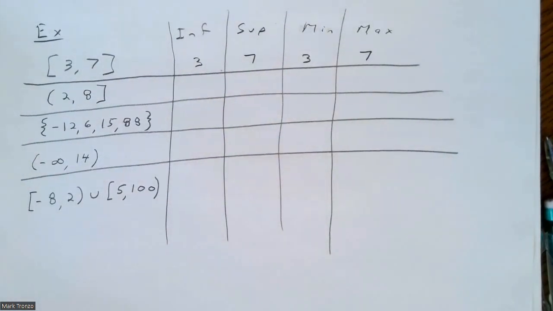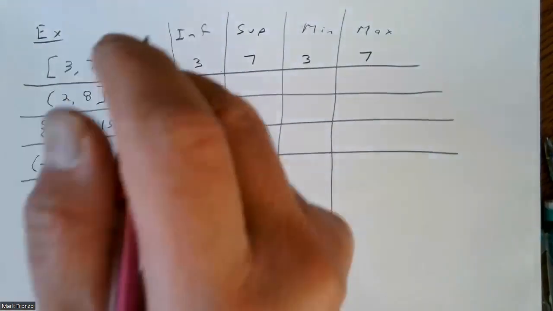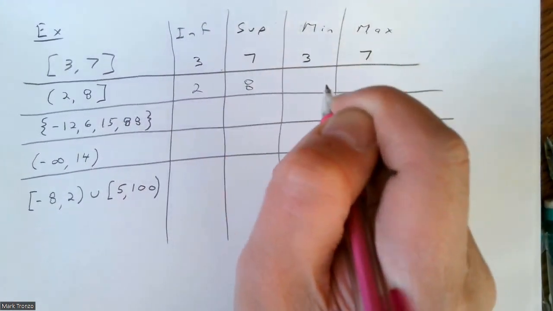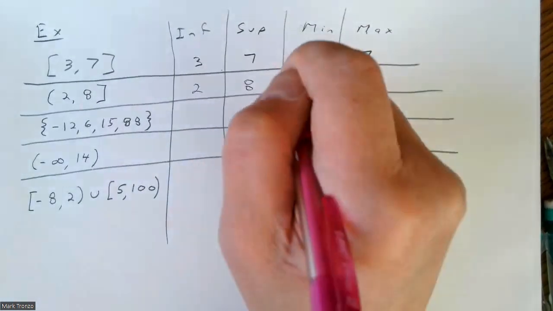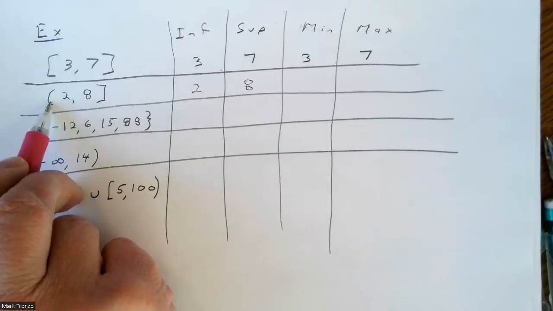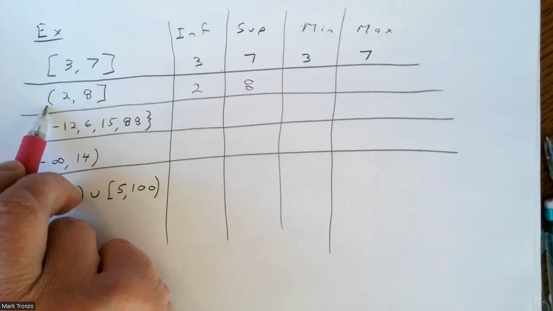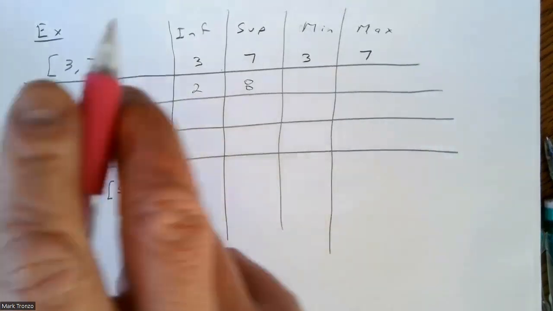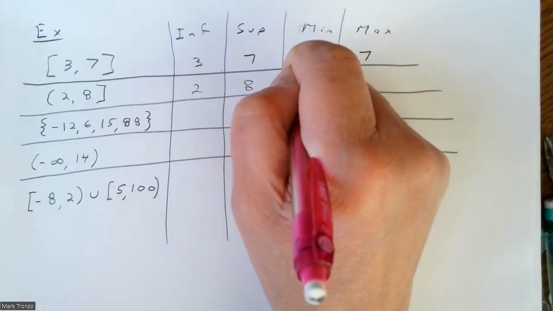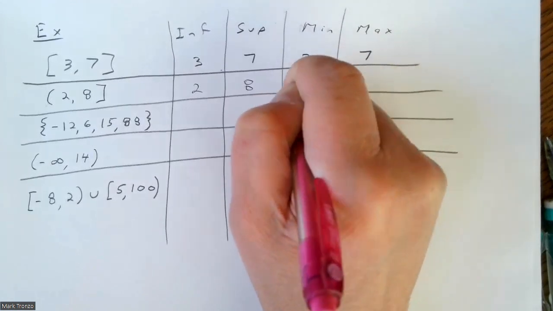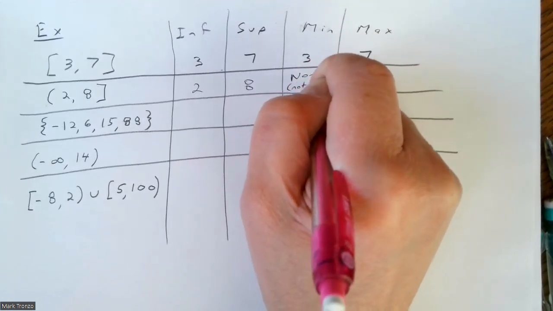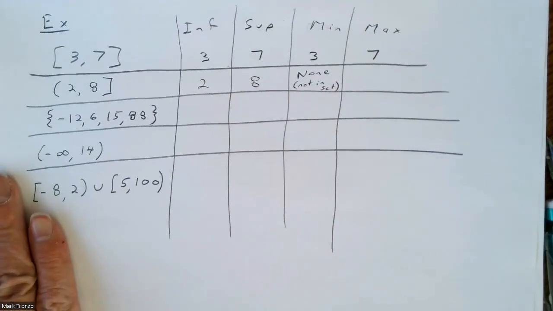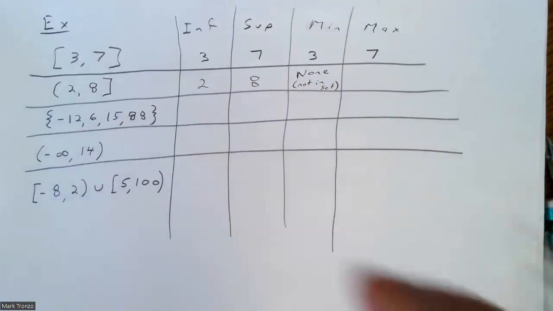And for the next one, inf, obviously 2. Sup is 8. Is there a minimum this time? No, because the greatest lower bound is 2, but it's not in the set, so there's nothing in the set.